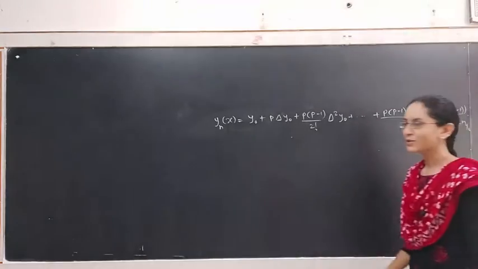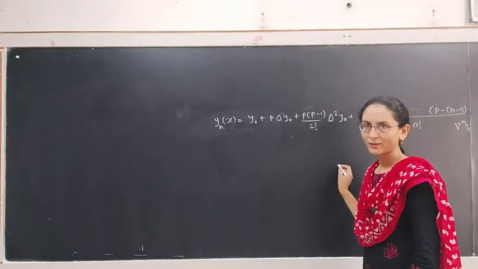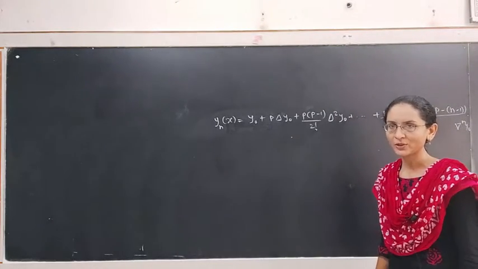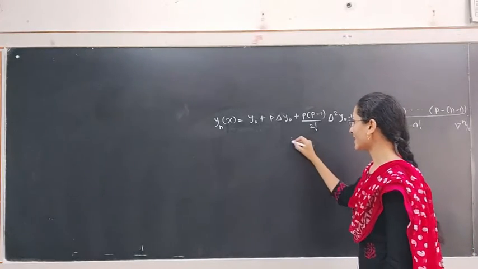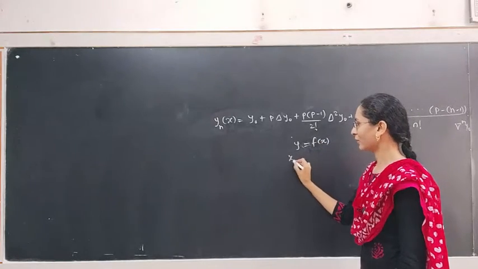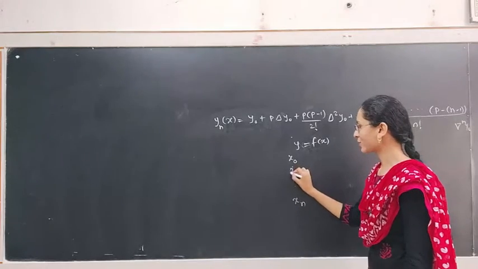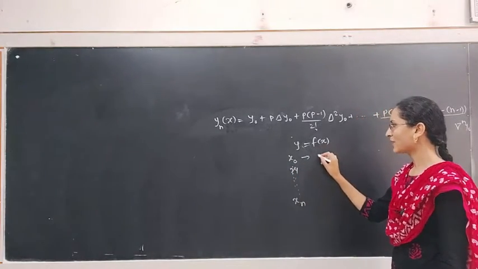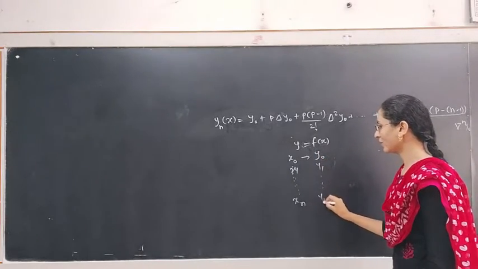where these values of y0, y1, y2, yn are obtained from the given set of n plus 1 values of x. If we have a function y is equal to f of x, then for n plus 1 values of x, namely x0, x1, x2 up to xn, we will get the corresponding values of y, namely y0, y1 up to yn.